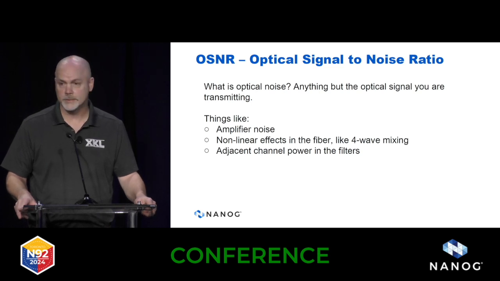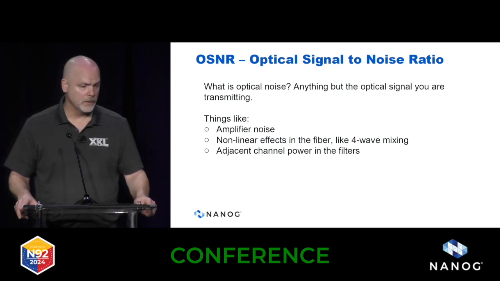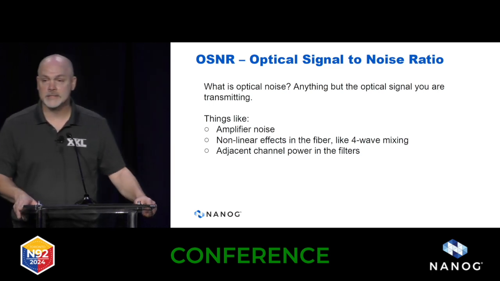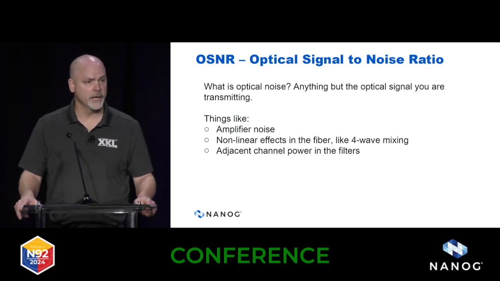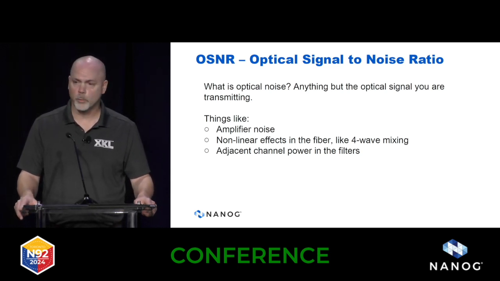So what is noise? It's basically anything that you don't want. You're looking at a signal in a channel, any other optical power that's in that channel is noise. And that can come from the amplifiers, that's the main source, and nonlinear effects in the fiber. As the different channels are propagating down the fiber, effects like 4-wave mixing can negatively impact your data.